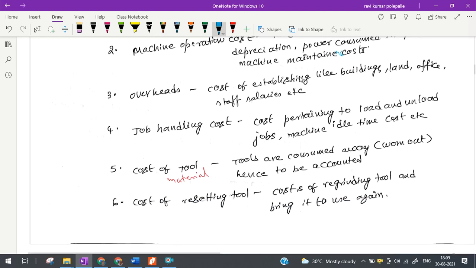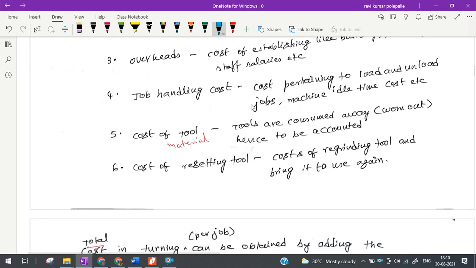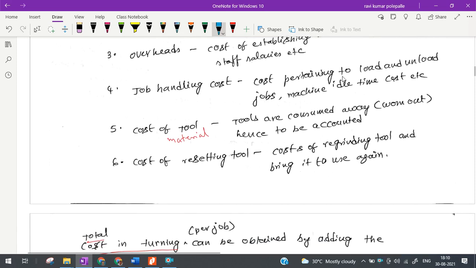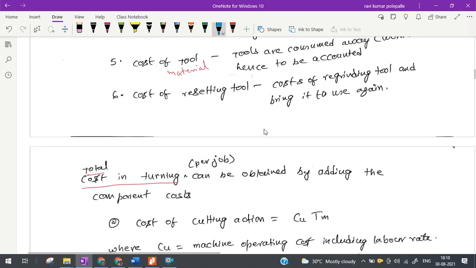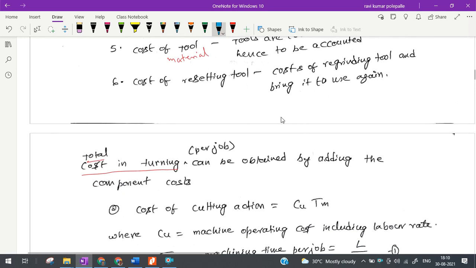Overheads: cost of establishments like buildings, land, office, salaries for the staff who are involved in the office, etc. Next, job handling cost, cost pertaining to loading and unloading the jobs, machine idle time, etc. Next, cost of tool material. Tools are consumed because they wear away on usage, hence they also have to be accounted for. Next, cost of resetting the tool. Resetting involves regrinding the tool or bringing a new tool into position and fitting it again so that the production can continue.